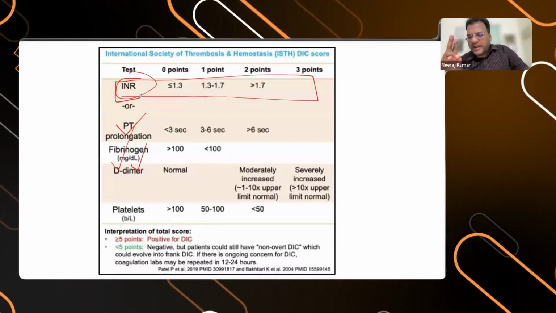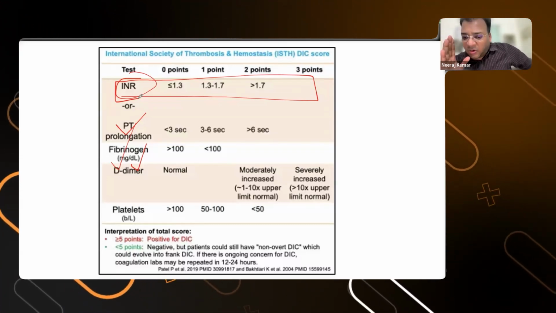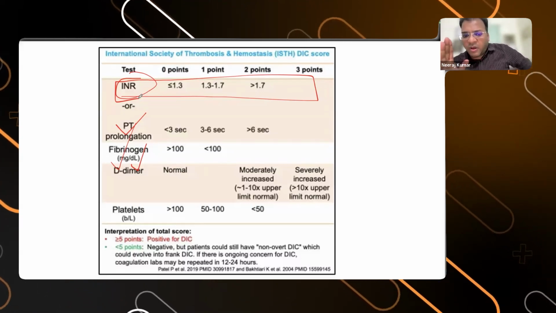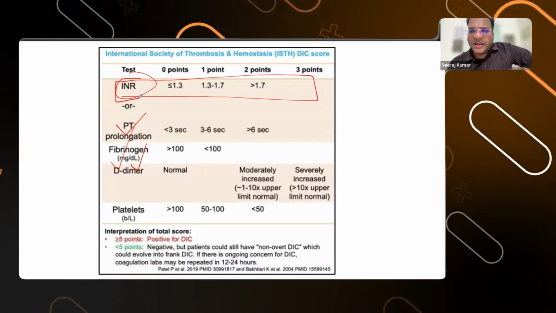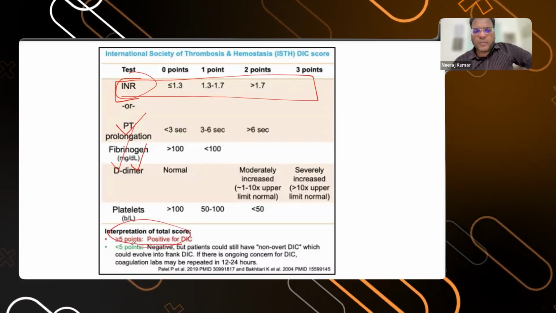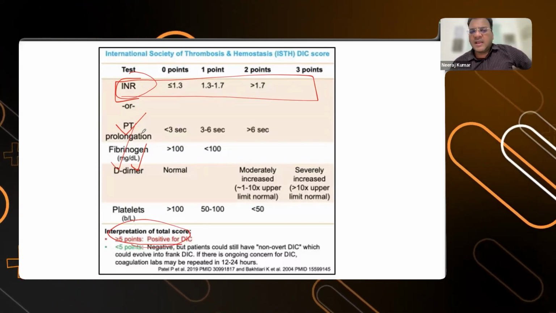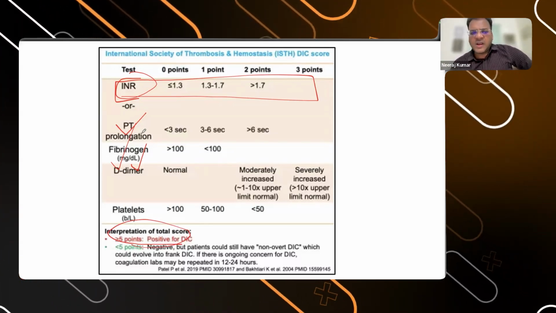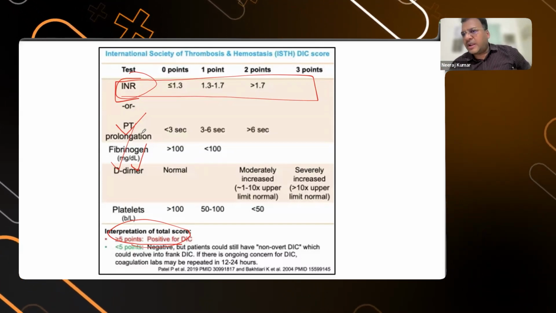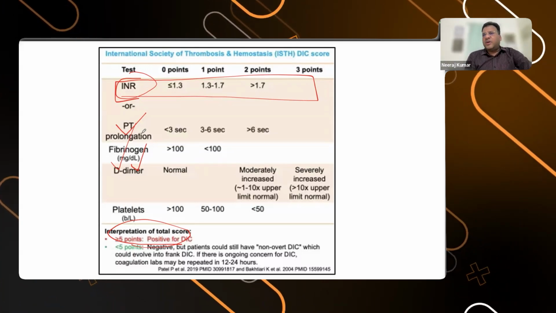So based on 2, you can't label this patient as overt DIC. Here DIC is negative, because you need 5 points for a positive DIC. PT prolongation is less than 3, 3 to 6, or more than 6; fibrinogen more than 100 or less than 100; and D dimer normal, or more than or equal to 10 times is severely increased. So that has to be taken care of.